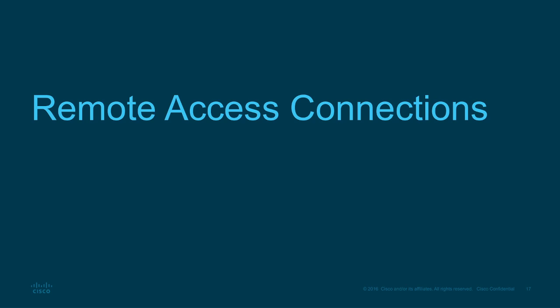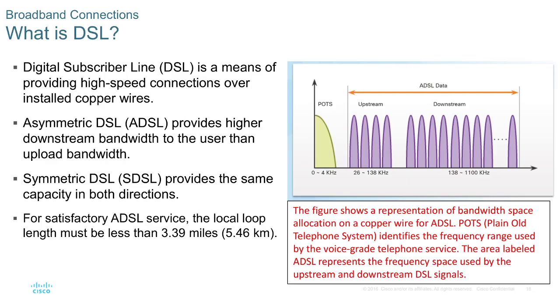Now let's look at some of the ways that we would set up remote access connections to our devices, or rather, the different types of remote access connections that we can have.